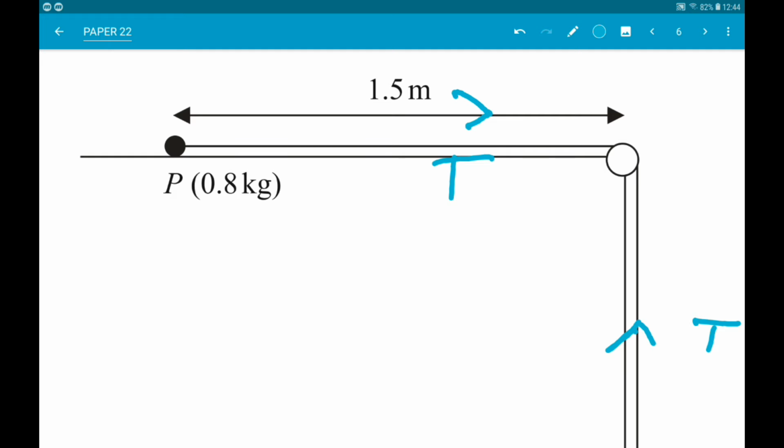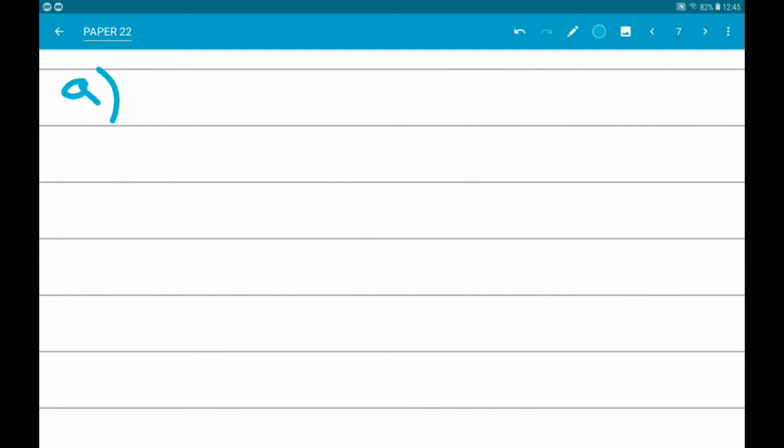While we're here though, we will also mention that P does have a weight, so that's going to be 0.8g. So at P, remember we know force is mass times acceleration.